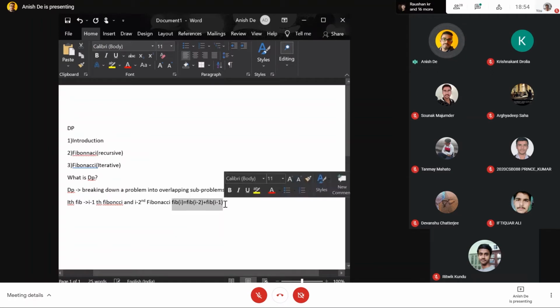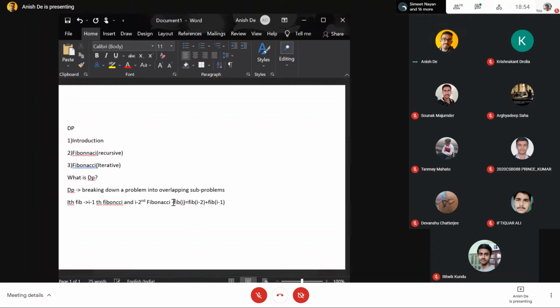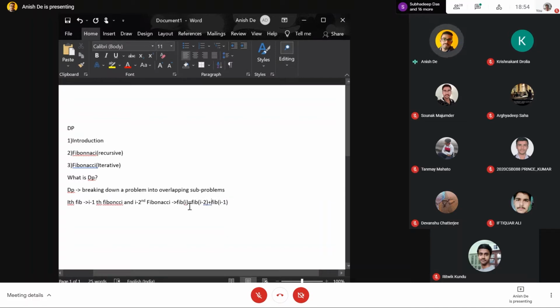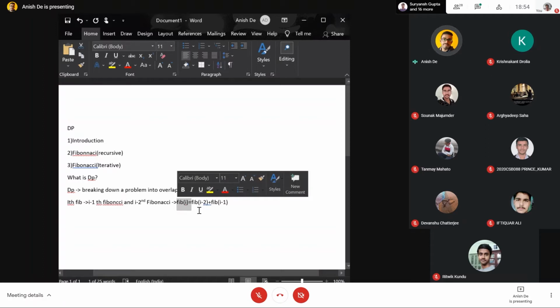So this is the relation between I minus 2, I minus 1 and the ith Fibonacci number. What we can observe here is that if we have the answer for the I minus second and I minus 1th Fibonacci numbers, then we can find the ith Fibonacci number, isn't it? It is just the sum of these two.